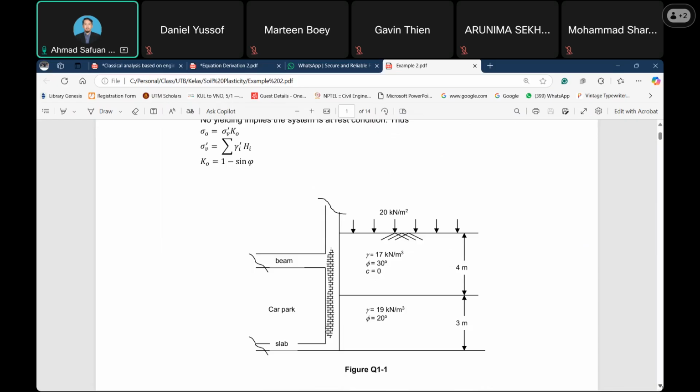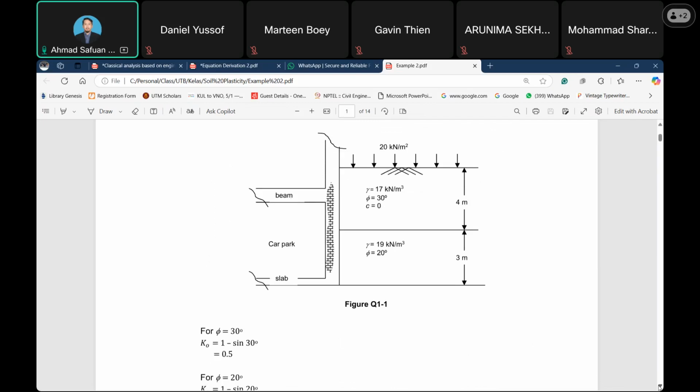As I mentioned, first we need to draw the distribution and determine the initial stress. In the case of the soil properties, that will be the next depth, and the last one should be the stress at the tip of the retaining wall, or the toe, or the end of the retaining wall.